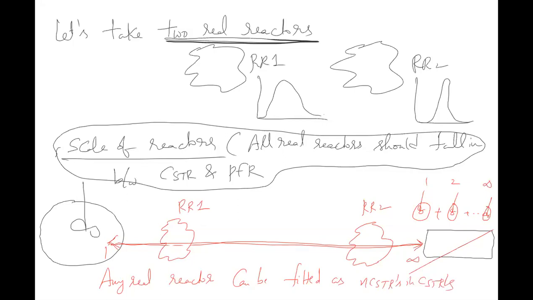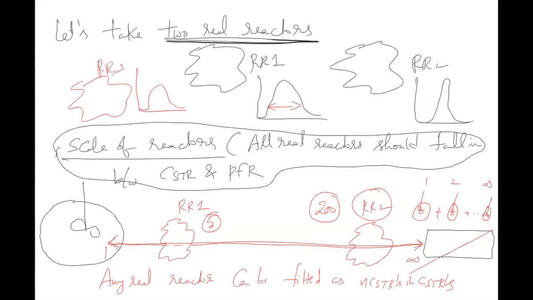Maybe real reactor 1 will be expressed as, let's say, 5 CSTRs in series because its back mixing is high, whereas real reactor 2 is expressed as, let's say, 200 CSTRs in series because its back mixing is extremely less. Now let's take a third non-ideal reactor, something like this, which is in between. Then this may be coming here. So this is real reactor 3, which is expressed as, let's say, 7 CSTRs in series.